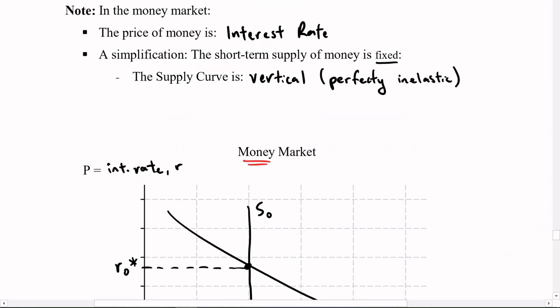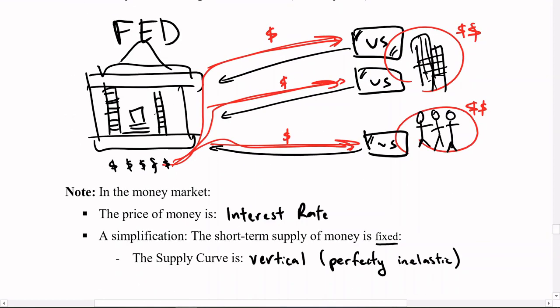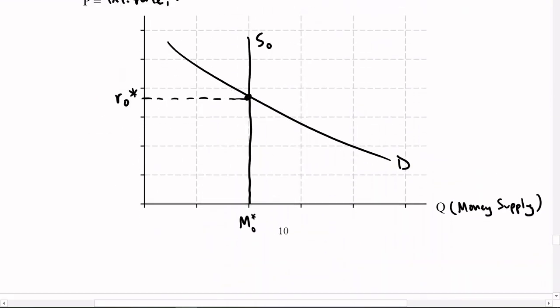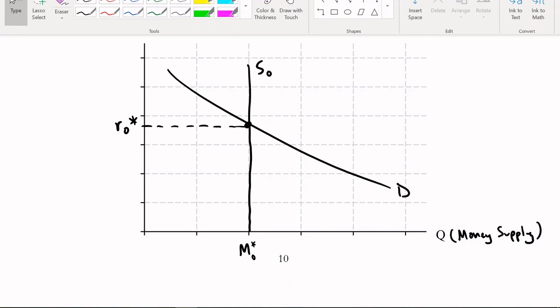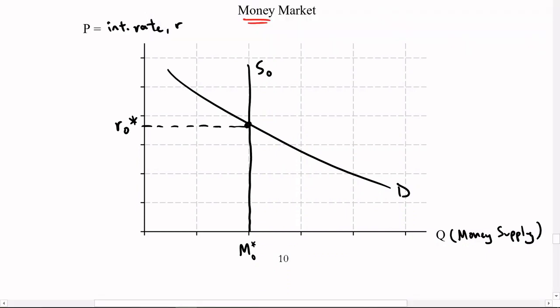Now, what's happening? Again, the Fed is buying the bonds, and that's ultimately increasing the money supply within the economy. So an increase in the money supply means a rightward shift. Let's make it green. So we've increased the money supply in the economy. And what's that do?